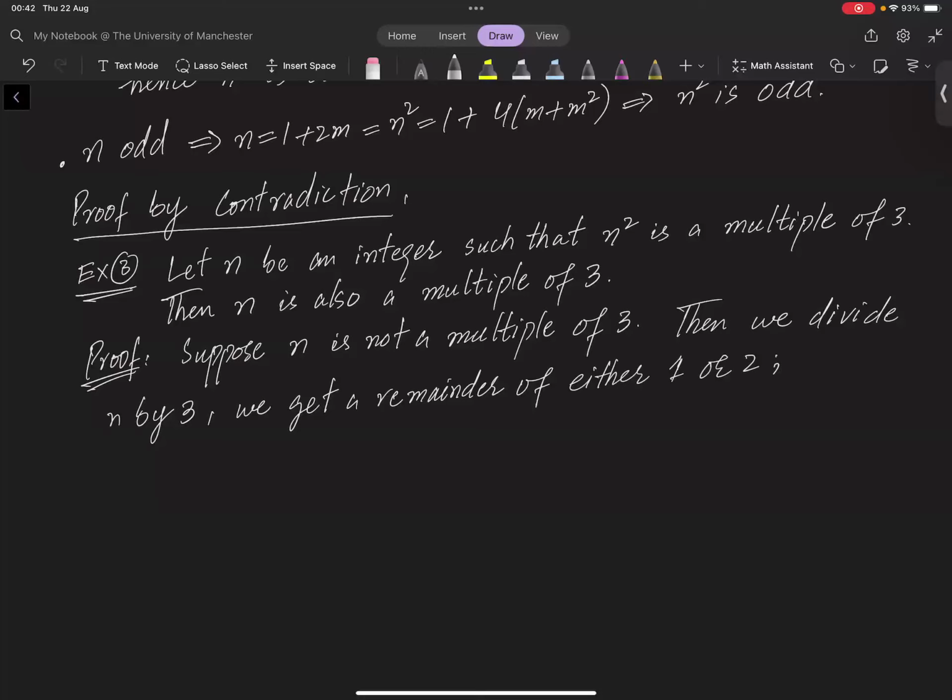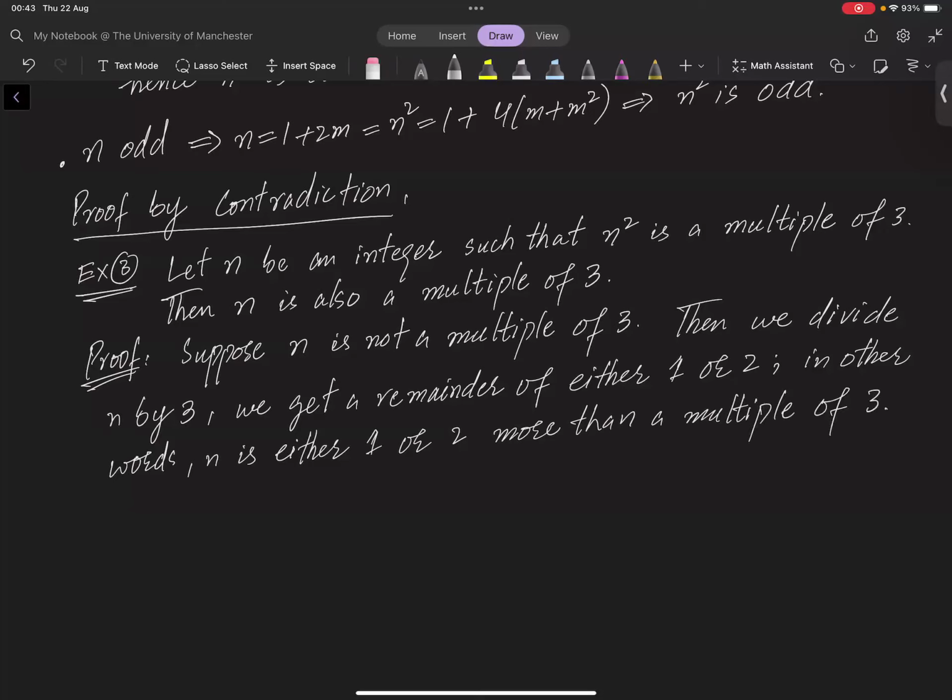In other words, n is either 1 or 2 more than a multiple of 3.